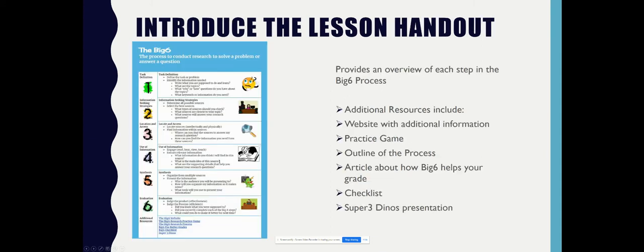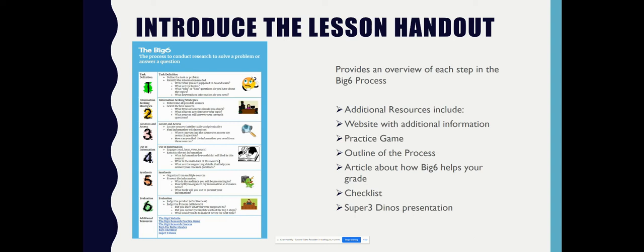The purpose of this handout is to show you all of the steps of the Big Six model and explain each step of the process on one page. At the bottom of the page, there are additional resources that include the Big Six website, which has several additional resources, pictures, and outlines to show you the process and examples.